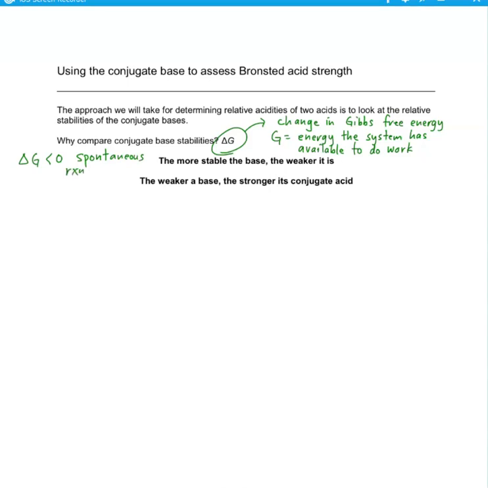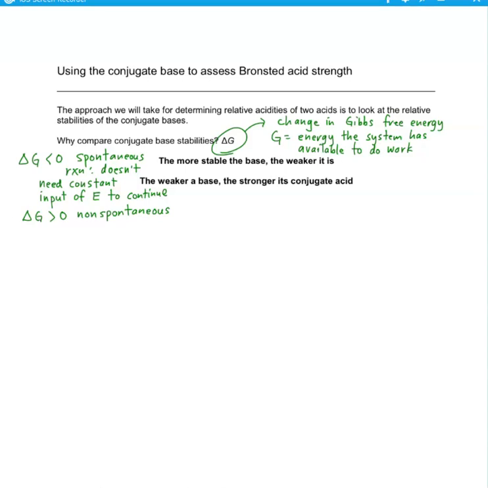A spontaneous reaction does not need a continual input of energy to keep going. A positive value of delta G is a non-spontaneous reaction, which means that you do need to constantly put in energy if you want that reaction to continue to go.